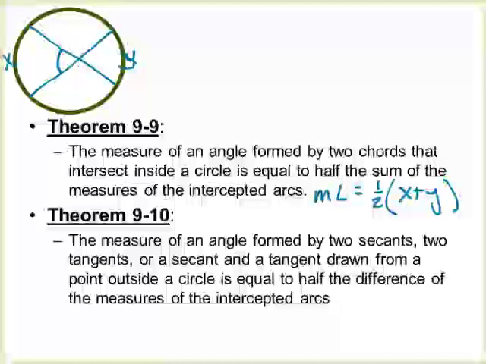The next theorem says if I have an angle that's formed by two secants, two tangents, or a secant and a tangent, one of each. So there's a few different ways we could draw our picture here. We could have secants. What are secants again? In terms of a circle, what does it look like?